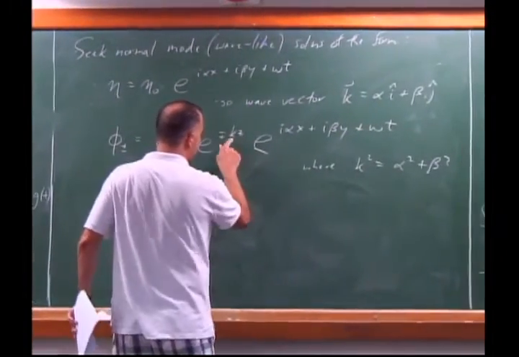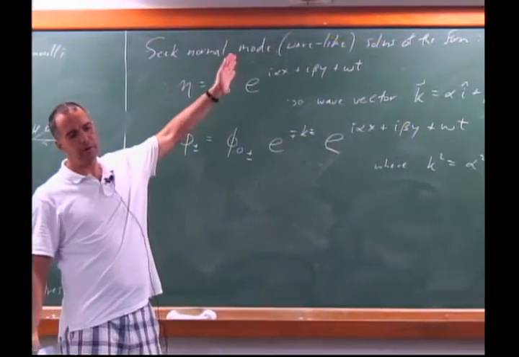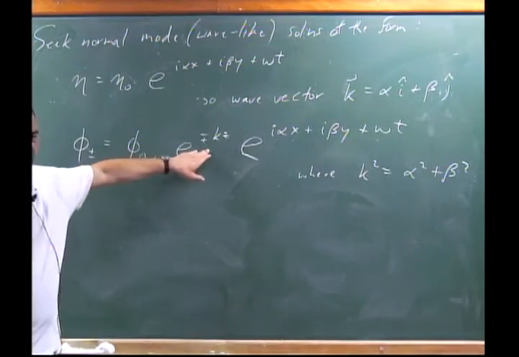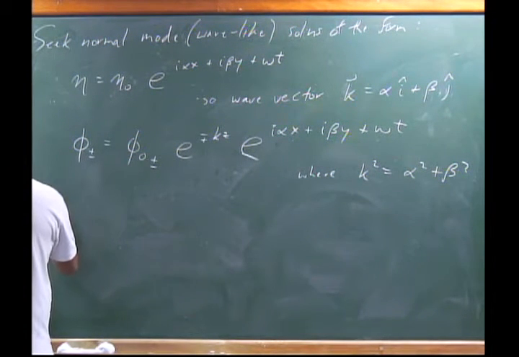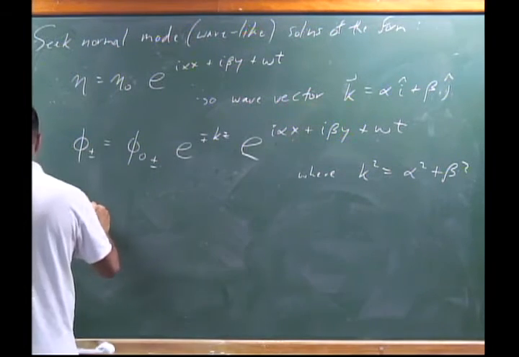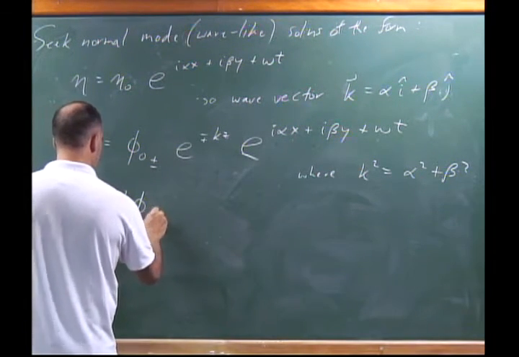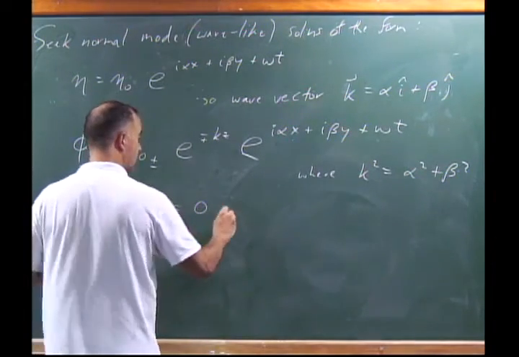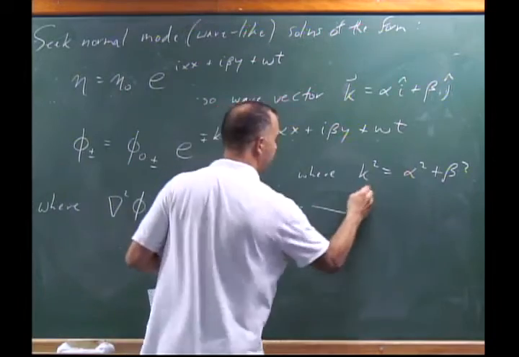This is harmonic because of this behavior, and we know that it has to decay away from the interface, right? So that's how you pick the signs here. Okay, so we're basically looking for waves. Okay, in fact, this requires this condition.